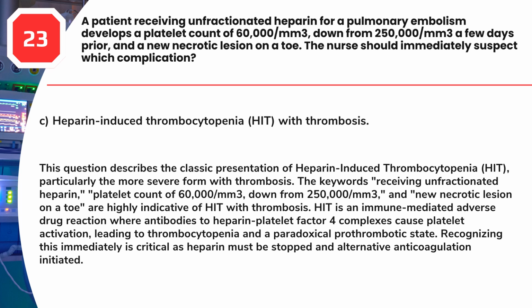HIT is an immune-mediated adverse drug reaction where antibodies to heparin platelet factor IV complexes cause platelet activation, leading to thrombocytopenia and a paradoxical prothrombotic state. Recognizing this immediately is critical as heparin must be stopped and alternative anticoagulation initiated.